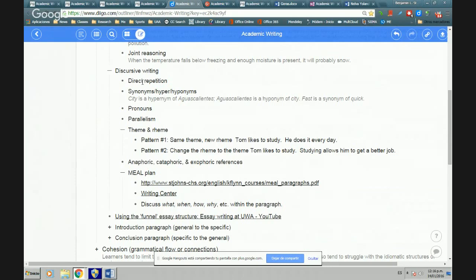And of course, it could also be used in pattern 2. We could also use pronouns to connect from rheme and theme. We could use synonyms, hyponyms, and hypernyms, absolutely. This is the most common right here, using hyponyms and hypernyms, kind of rewording it, being more specific, or even more general. This was the example we used in class today.